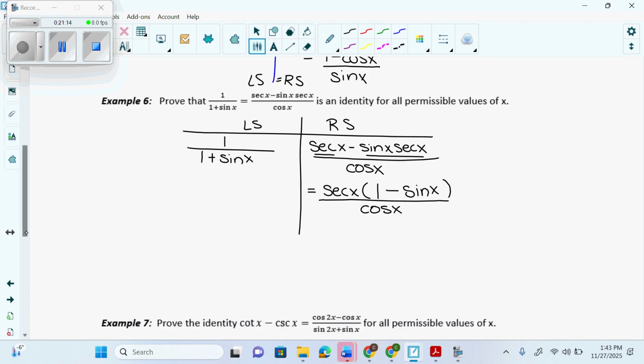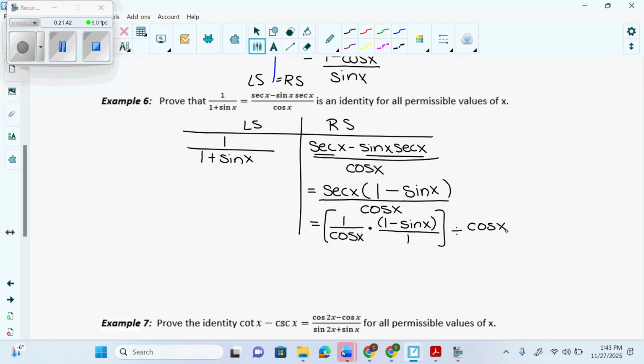All right. Secant x is the same as 1 over cos x, correct? And we're going to times it by 1 minus sine x over 1. And then we're dividing that whole numerator by cos x. When I divide by a cos x, what's that the same as?